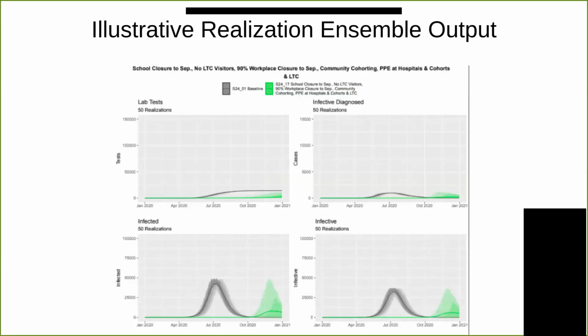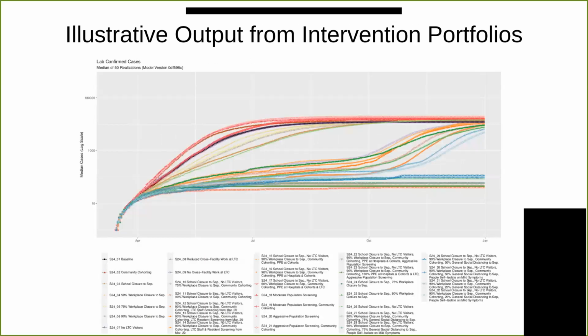We can conduct these on a wide variety of specific outputs, and much of our work has been spent informing our chief medical officer and others of trade-offs between different portfolios of interventions. I should note here, for confidentiality reasons, this model does depend on many internal data sources.